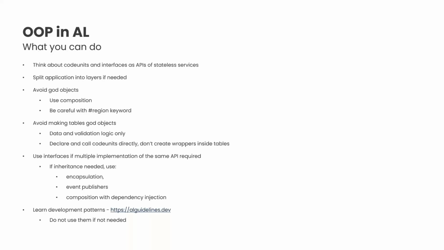Let's not go through the table, because that's not how these C# applications are created. Let's keep the separation. Let's keep this data layer with tables and the business logic in the services. If you need multiple implementations of those APIs, then use interfaces. Yeah?